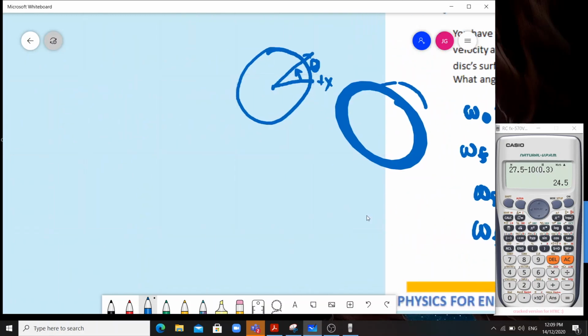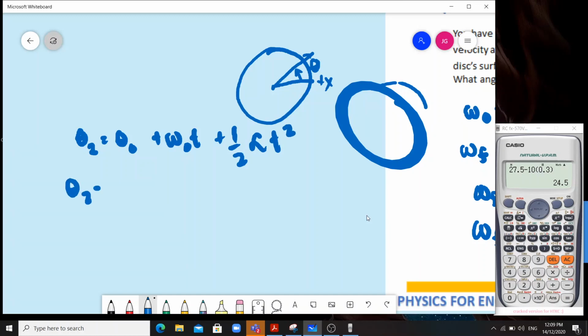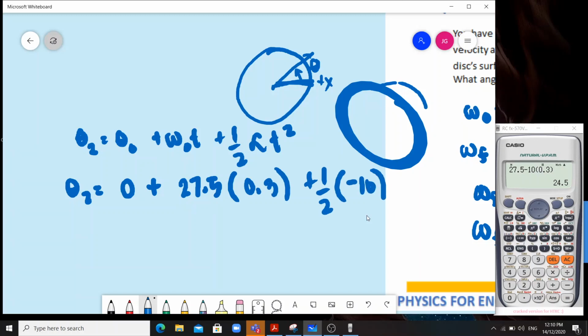If you remember the formula, theta final or theta 2 is equal to theta initial plus omega t plus 1 half alpha t squared. Theta 2 is equal to theta 0, which is 0 since it is on the positive x-axis, plus omega t, that is 27.5 times 0.3, plus 1 half, alpha is negative 10, and then t squared, that is 0.3 squared.